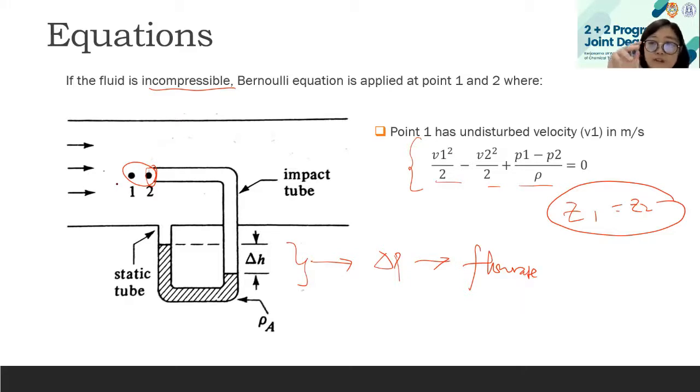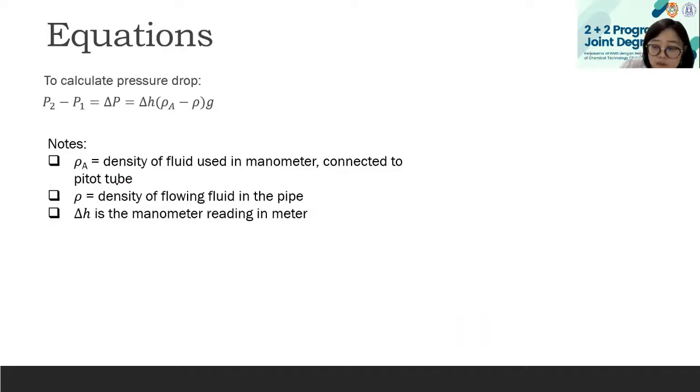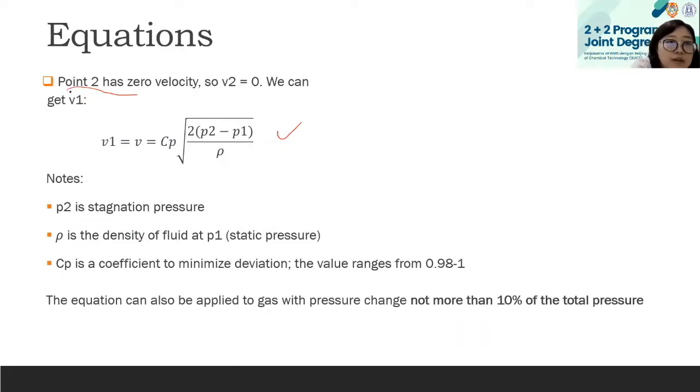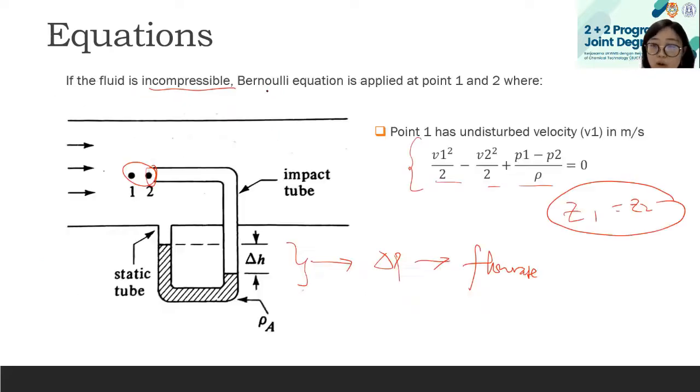However, at point 2, we call it the stagnation point because there is no flow at the exact place of the opening of the impact tube. So point 2 has 0 velocity, V2 equals 0.